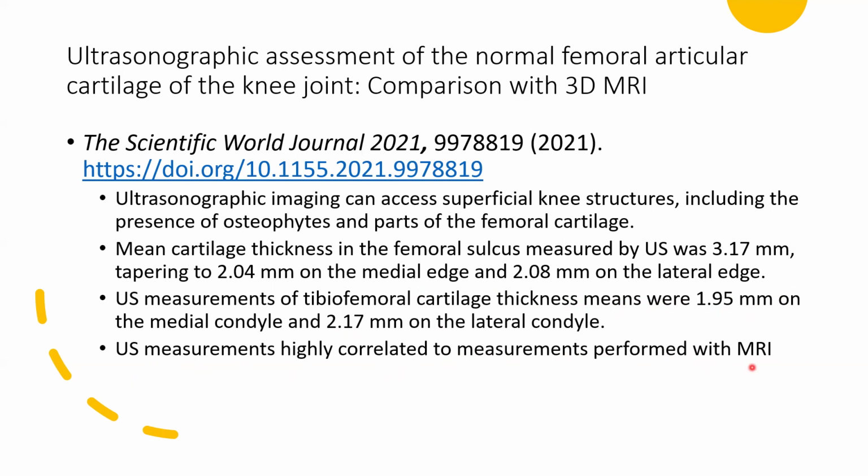So even though this is a much faster, much less expensive, much less time-consuming way to assess things, they do give us pretty reliable results. They tend to be consistently thinner measurements than MRI. So you can't necessarily take the ultrasound cartilage thickness and compare it completely with the MRI thicknesses, but they are consistent. And that makes them useful from an assessment standpoint.